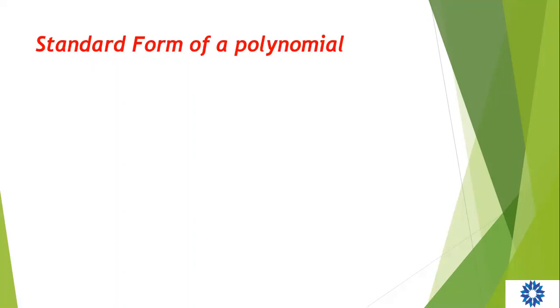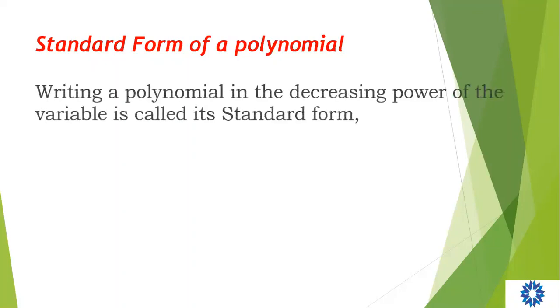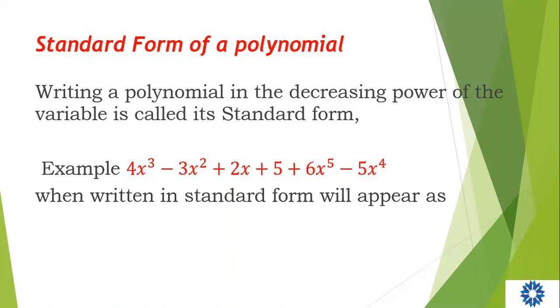Standard form of a polynomial. Writing a polynomial in the decreasing power of the variables is called standard form. For example, 4x cube minus 3x square plus 2x plus 5 plus 6x power 5 minus 5x power 4. If you observe, the power is 3 here, power 2 here, power 1 here, and power 5 here. So the highest power is here.